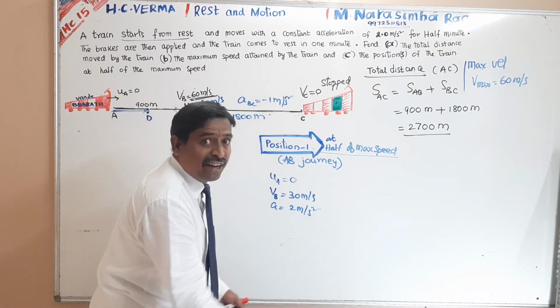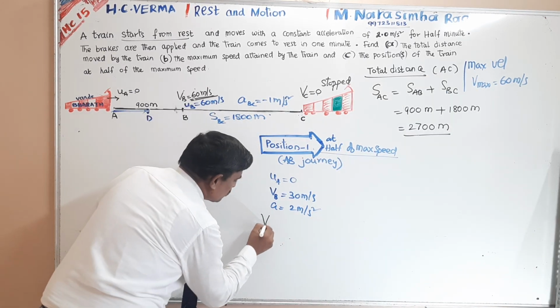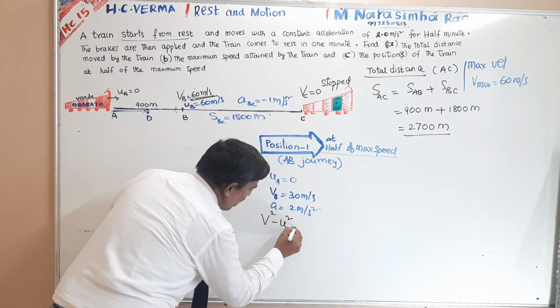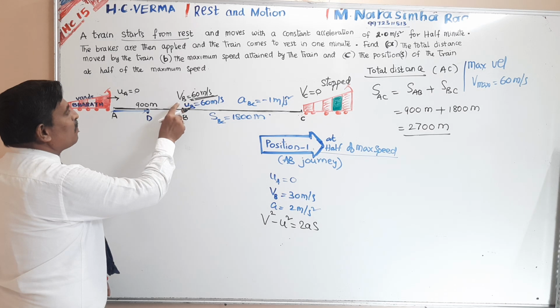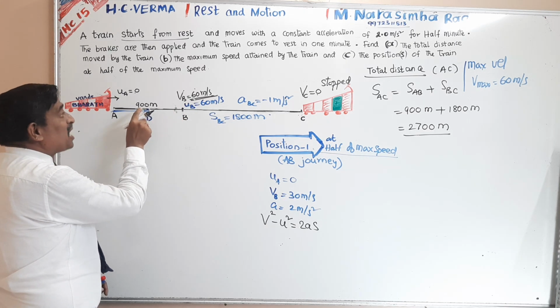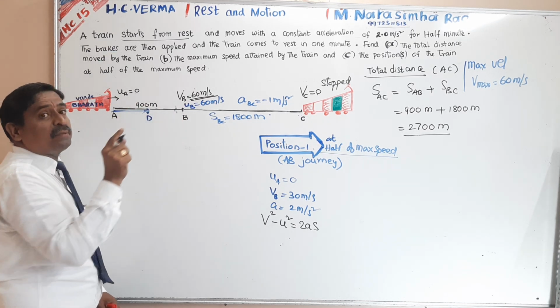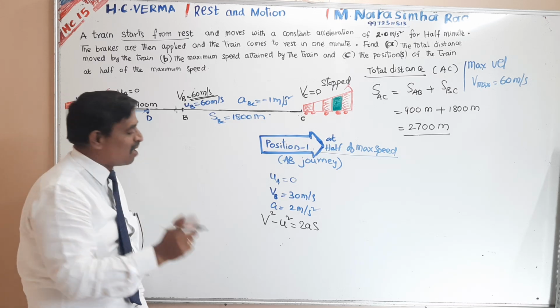Now we have one formula: V square minus U square is equal to 2AS. At position D, half of the maximum speed means 30.